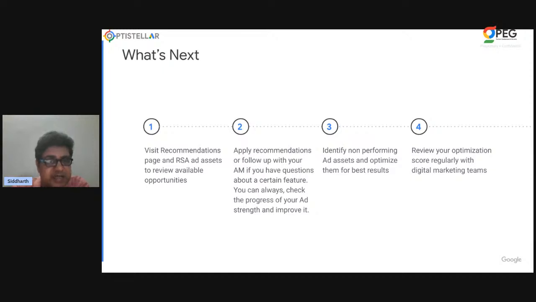You can always disable a particular recommendation whenever you want. You can always undo a particular recommendation also, although only within a specific period of around 30 days. Those are some of the levers or advantages that you have as an advertiser. And finally, the last step is that you should always review your optimization score regularly, and then discuss this with your digital marketing teams.